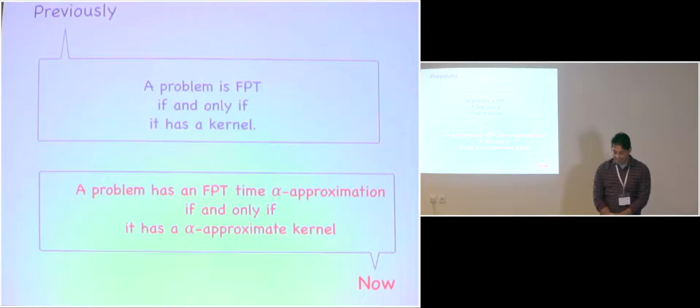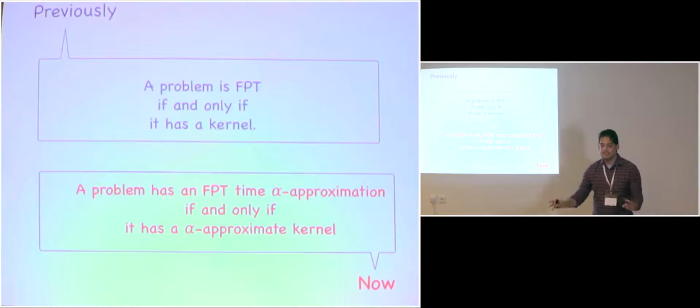So here is another thing that we talked about. We said that a problem has an FPT time alpha approximation if and only if it has some alpha approximate kernel. So again, if someone has proof that a problem does not have an FPT time alpha approximation, then this statement immediately means that it cannot have an alpha approximate kernel of any size.